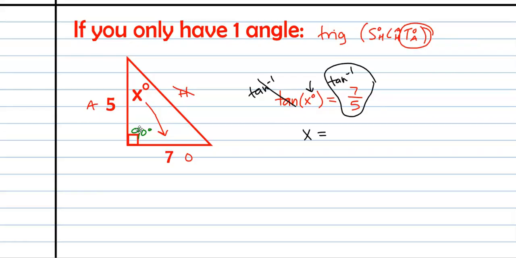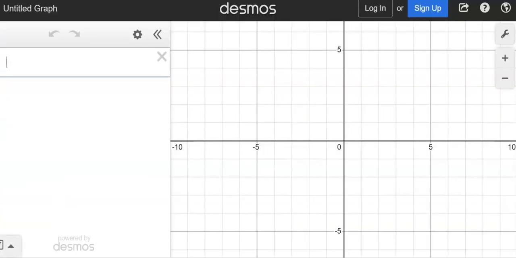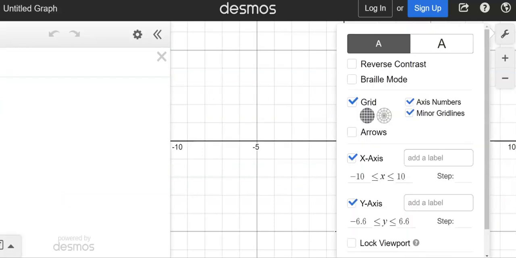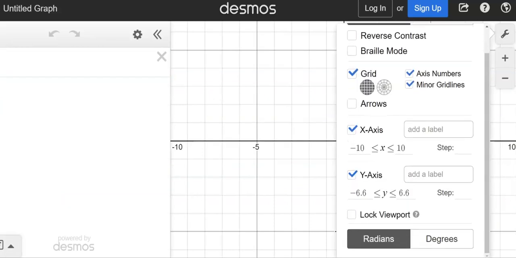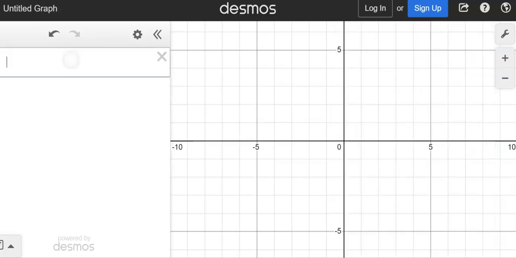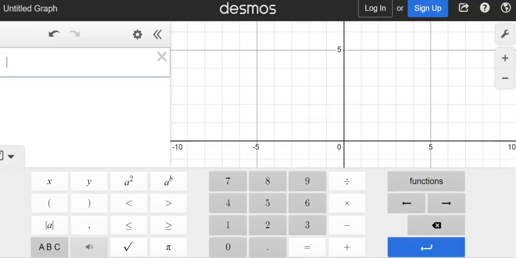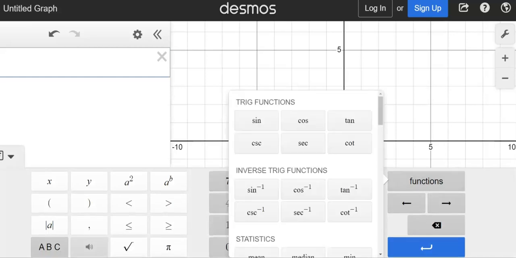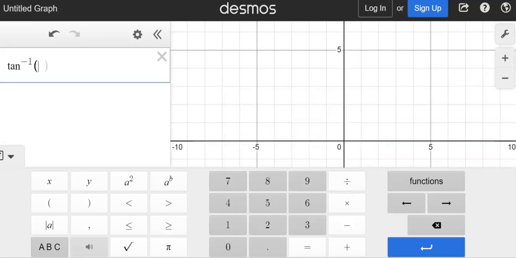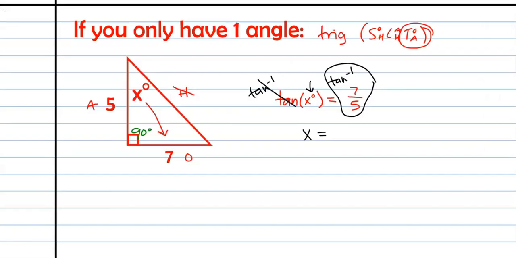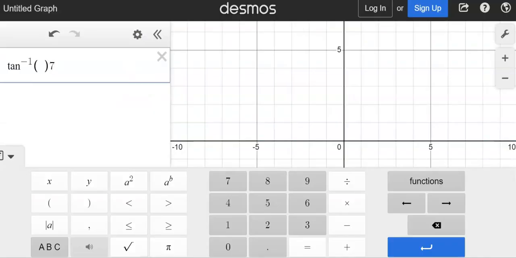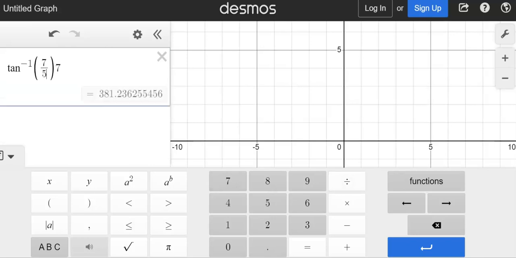Then this is what we need to punch into a calculator. I'm going to pull up the Desmos calculator and give you a reminder about how to use it, in case you forgot. First thing you want to do is hit that wrench button and change your calculator into degrees. Then there's a keypad in the lower left-hand corner, hit that, then functions, inverse tangent, and 7 divided by 5.